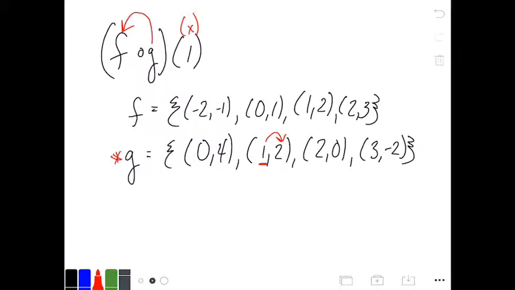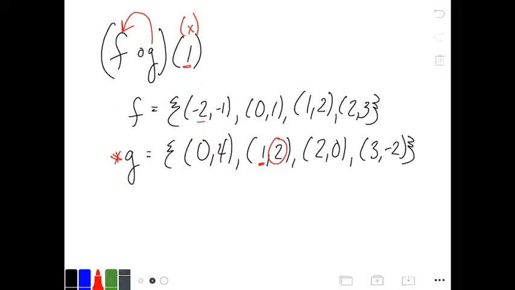So since you're taking the value of 1, the x value is 1. When x is 1, y is basically 2. So that's the value that you're going to be plugging into the f function. Then you look up at the f function, and you try to find the number 2 for the x term.